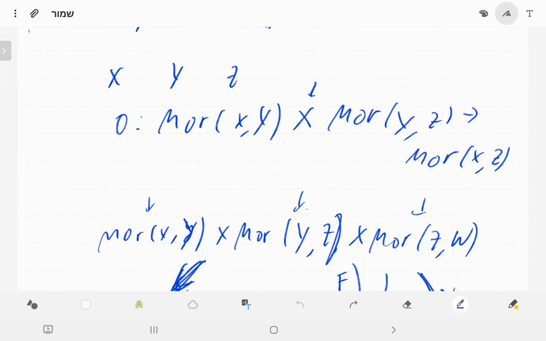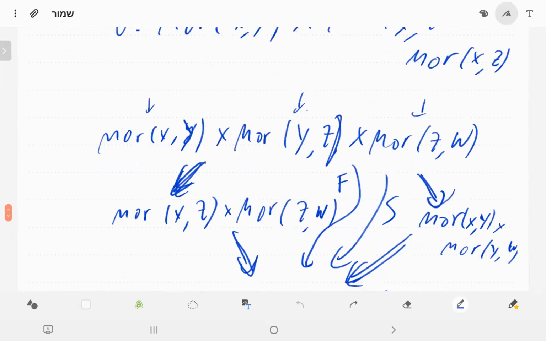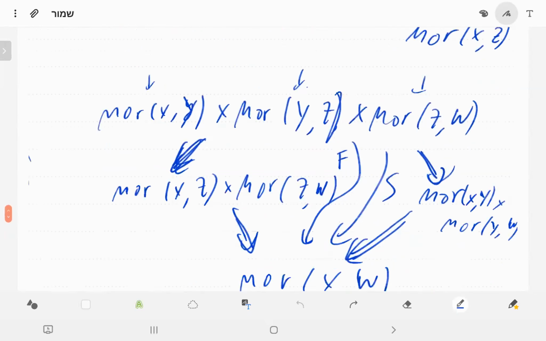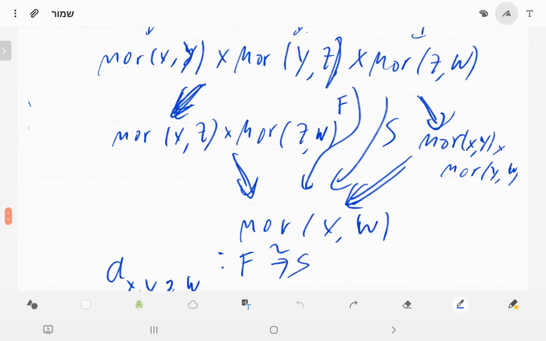For any 3 objects, a functor of composition. For any 4 objects, an associator as a morphism between 2 functors of compositions, of compositions of composition, like in this diagram. And for any 5 objects, we want the corresponding Pentagon diagram to be commutative.